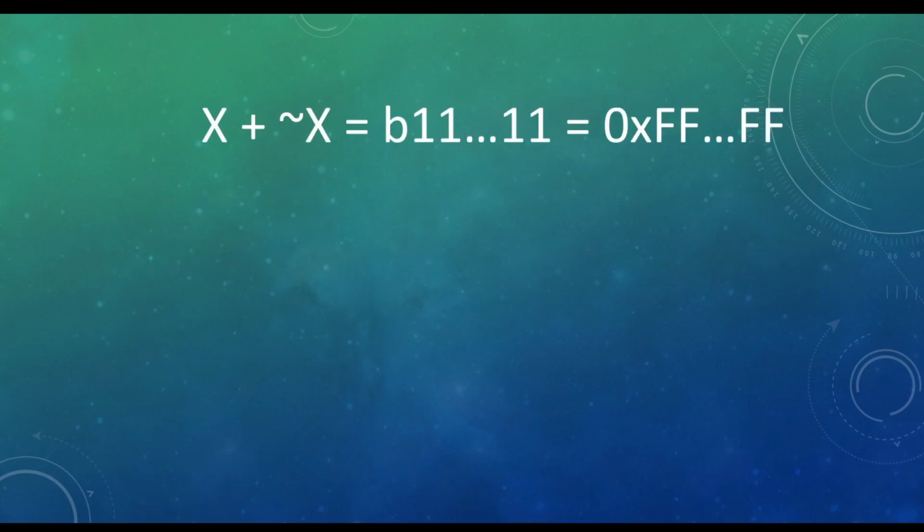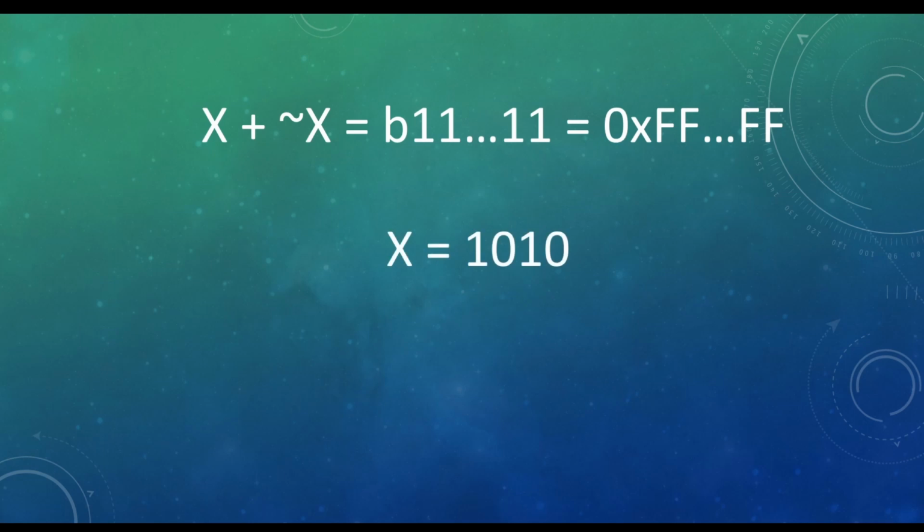Before getting into why 2's complement is defined this way, let's look at a few facts that will help us later. First, if you add a number and its inverse together, you always get a full set of ones, depending on the number of bits that you're using, or alternatively, a full set of FFs if you're looking at it as a hexadecimal number. Let's see an example.